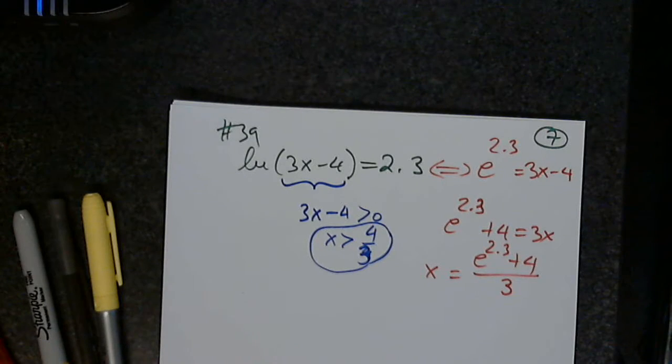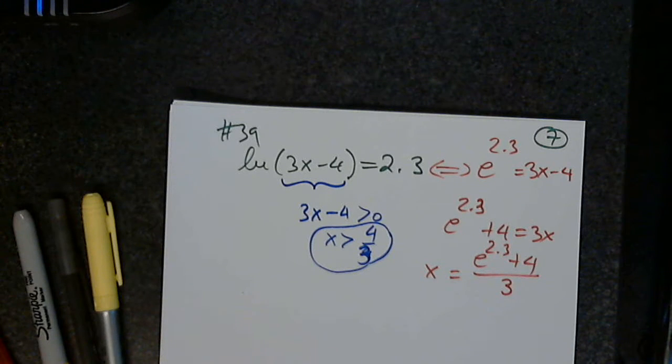I have to plug this in a calculator and make sure that it's definitely greater than 4/3. If it's not greater than 4/3, I'll say, sorry, this equation has no solutions. So let's do that. Careful how you put it in. You have to have parentheses on the left and on the right at the top.